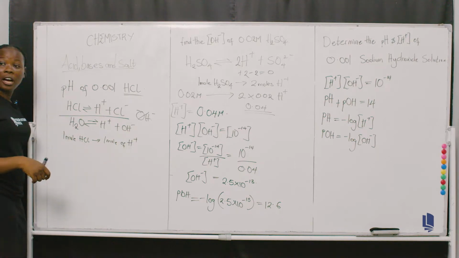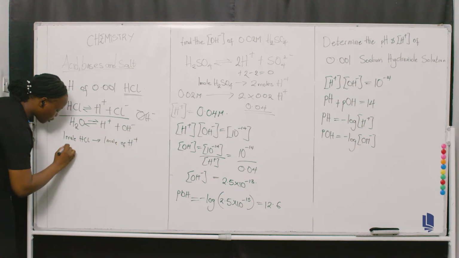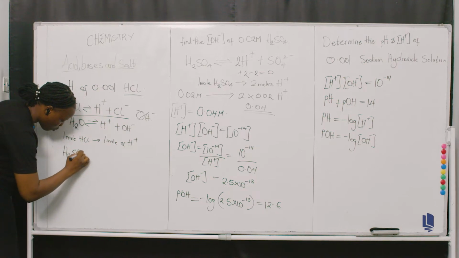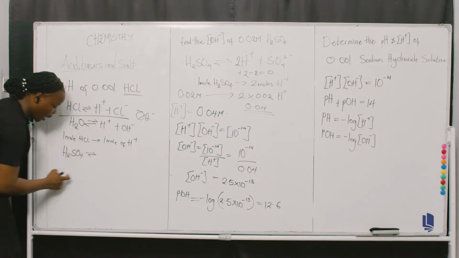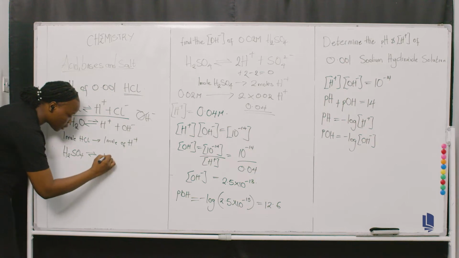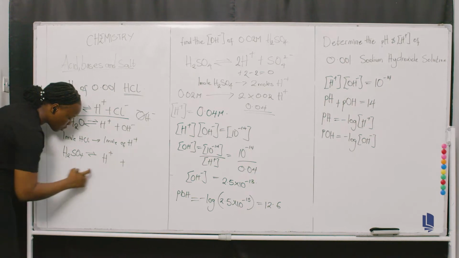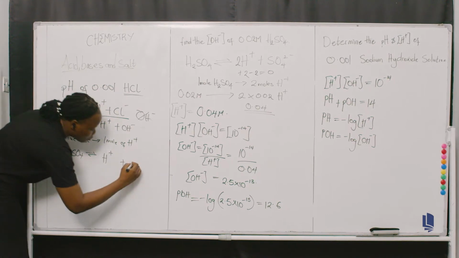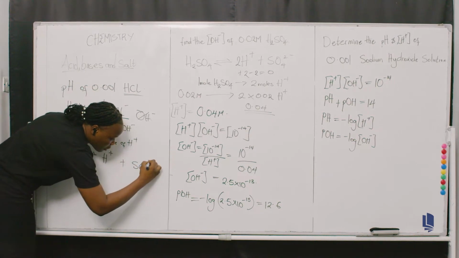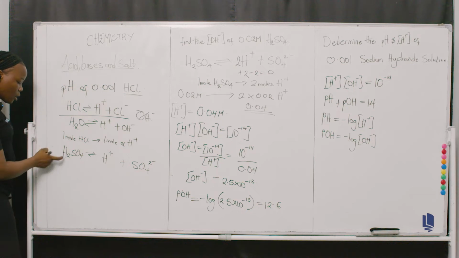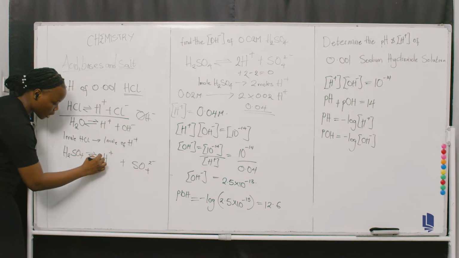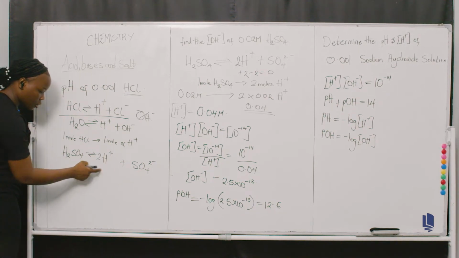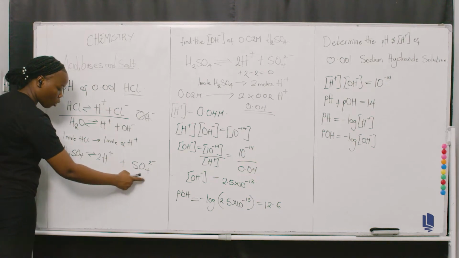Let's consider another compound, H2SO4. If I ionize this, I will get H plus and SO4. We know this is a complex ion, so it will be SO4, sulfate, and sulfate is 2 minus. But this is 2, so I'll put 2 here. So here it is balanced. This is 2 hydrogen, this 2 hydrogen, 1 sulfur, 4 oxygen.